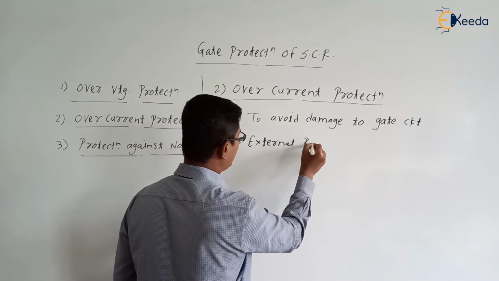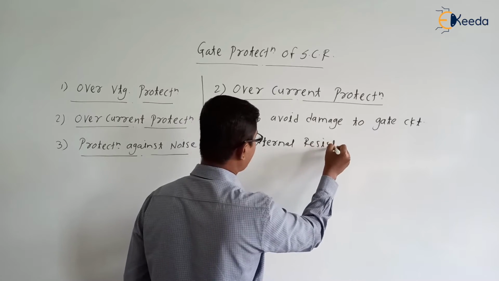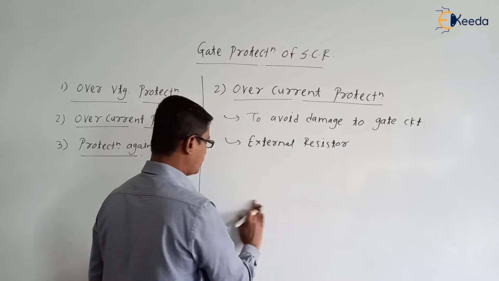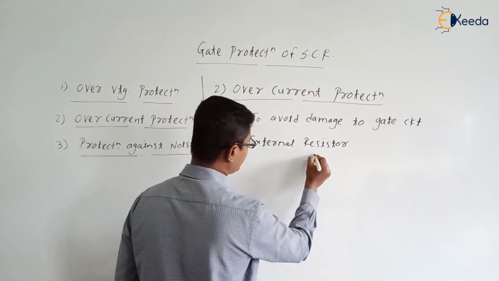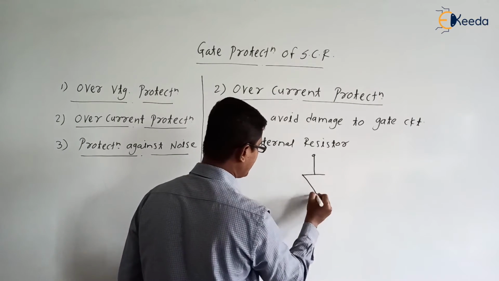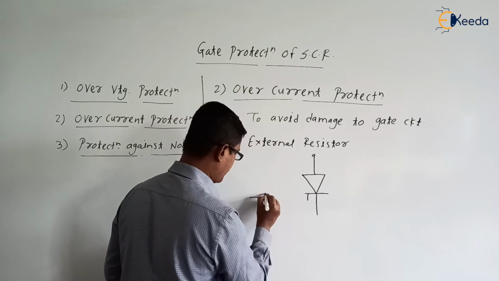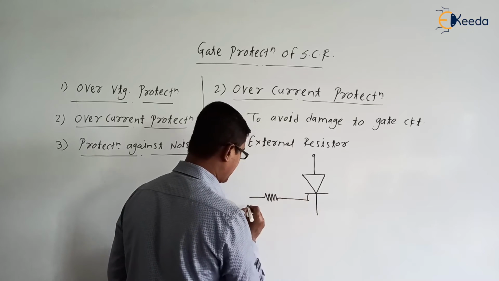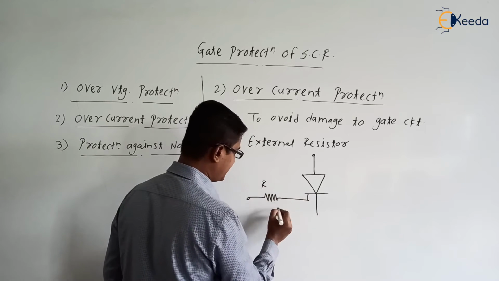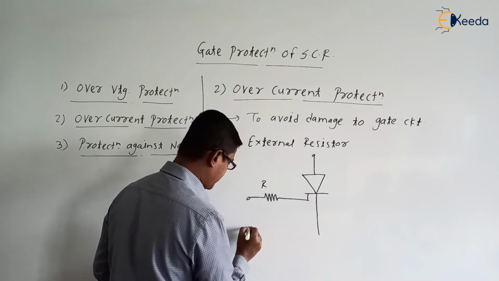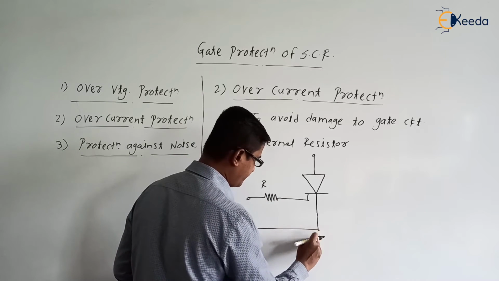The external resistor can be connected to limit the gate current. Here we can connect the external resistor R to protect the SCR.